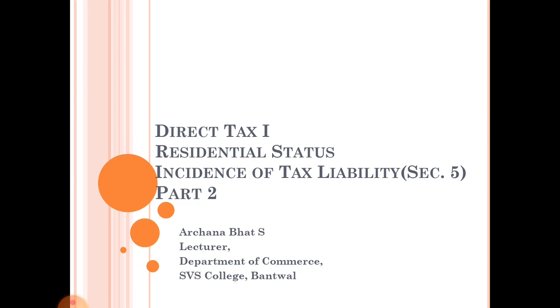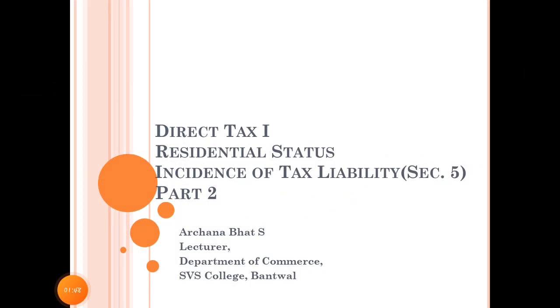And income accrued and received outside India, whether remitted to India or not, ordinarily resident and non-residents need not pay tax. On past untaxed profits or income remitted to India in the previous year, all three categories of residents need not pay tax. So, this much we learnt in the previous session.